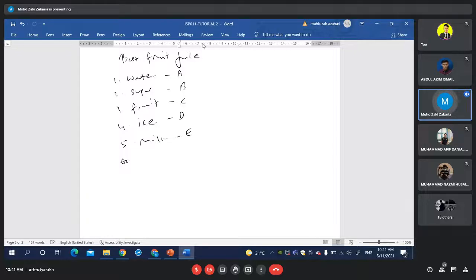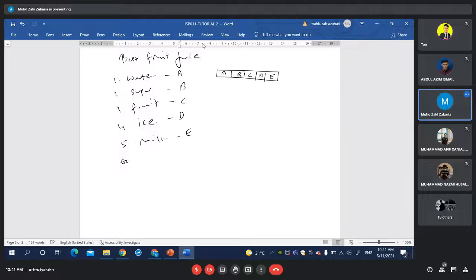Because we have 5 variables, we should define the chromosome like this. We have 5 genes: the first one represents water, the second one sugar, the third fruit, then ice, and milk.